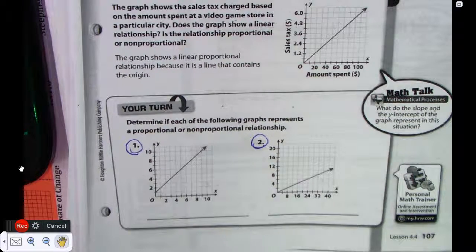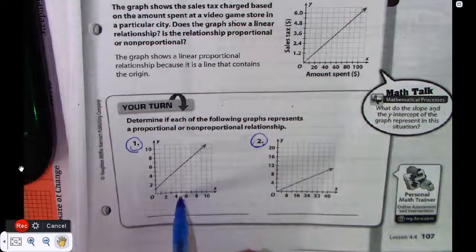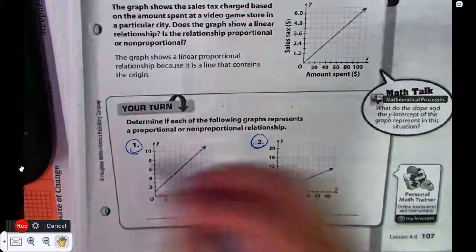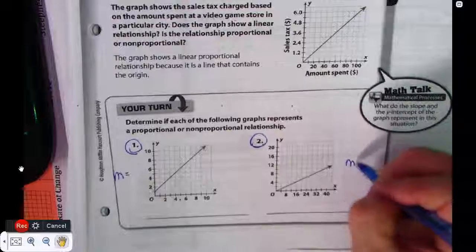Okay, on page 107, on 1 and 2, I need you to find the slope first.